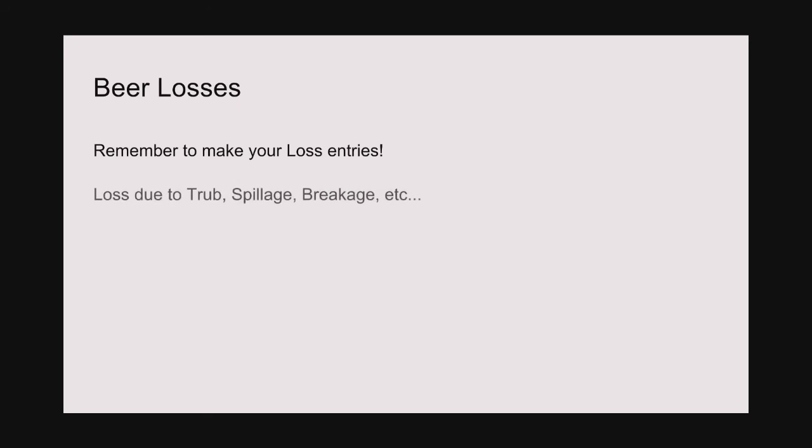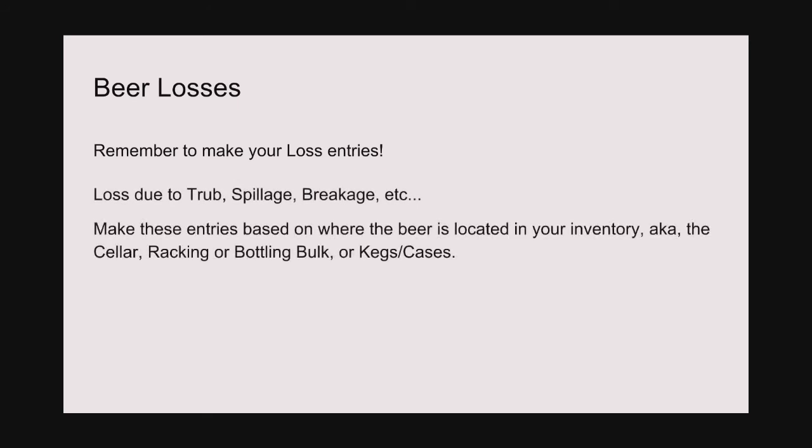And then finally, no matter if you're a production brewery or a brewpub, everyone needs to make loss entries for beer that is lost due to trub, absorption from hops, spillage, or breakage. Make these entries from the categories based on where the beer is in the process. For example, trub loss from fermentation would be entered as loss from the cellar.